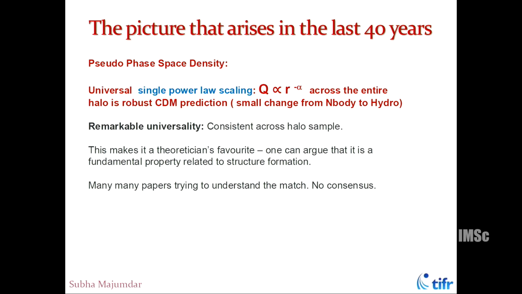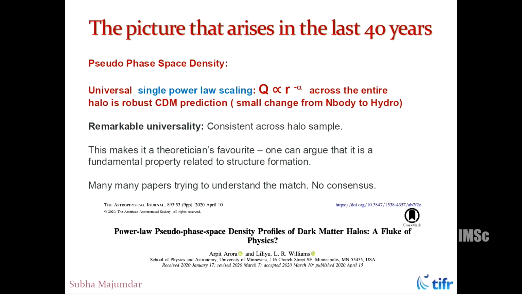One can argue that it is a fundamental property of CDM structure formation. And so there are many, many papers trying to understand this match. There is no consensus. This has puzzled the theoreticians so much that there even has been a paper like this: is it a fluke of physics? Is it just a fluke that there's a match, or is there something really, really deep inside it?